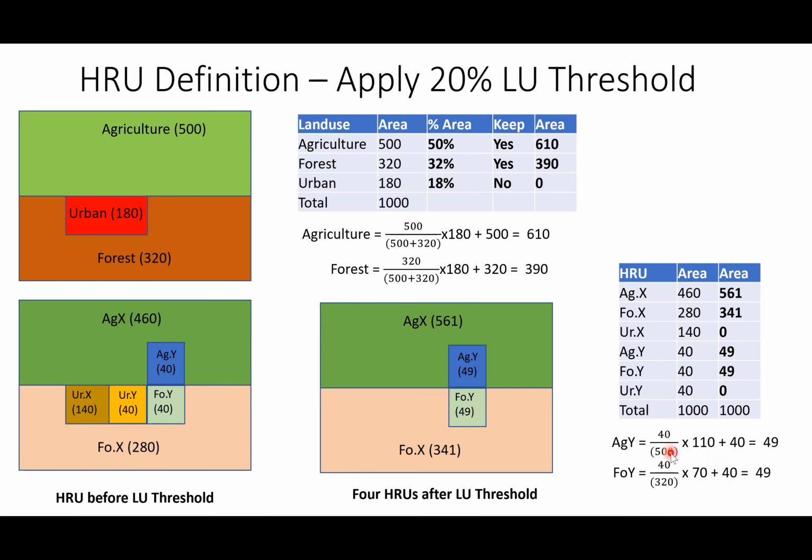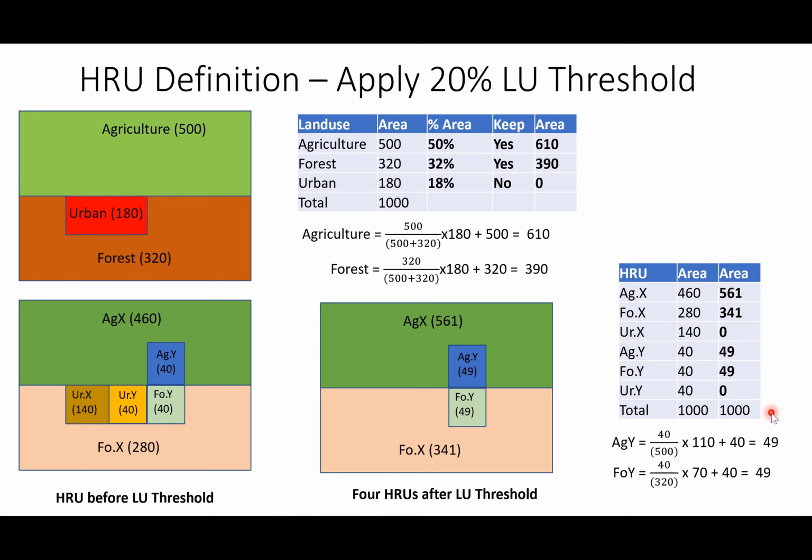It's a simple calculation involving proportion based on that area within that land use. So after we apply the land use threshold, we end up with four HRUs, and their areas are given here, and they again add up to 1000 units.